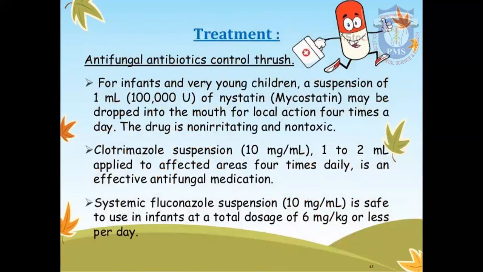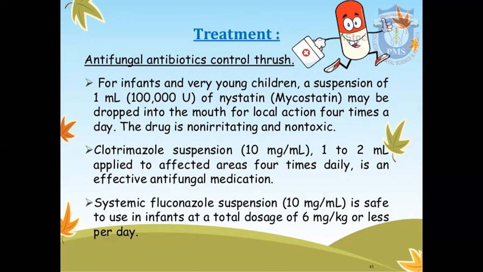Now, coming to the treatment, you can make use of antifungal antibiotics to treat thrush. For infants and very young children, a suspension of 1 ml, that is 1 lakh unit of nystatin or mycostatin, may be dropped into the mouth for local action 4 times a day. And this drug is non-irritating and non-toxic in nature.